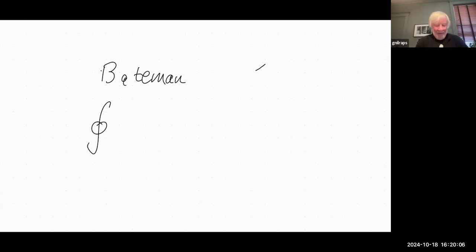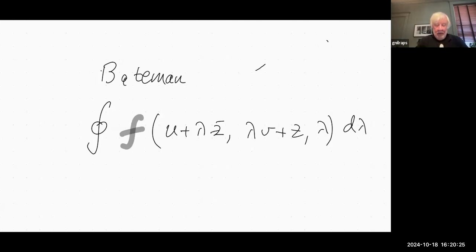Okay. So here's a formula, which you may have seen before, something like this. Hopefully, I'll get it right. So there's one formula. So here you're doing a contour integral, and you have 4 variables, u, v, z, and z bar, which are the space-time variables.